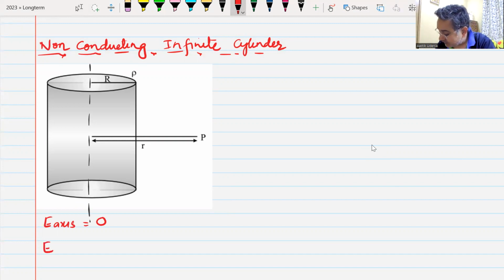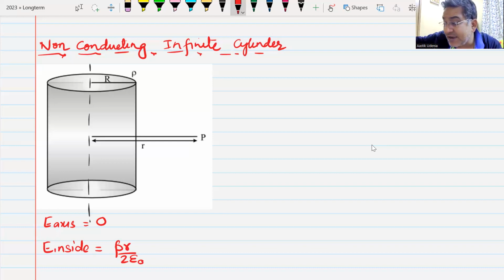Electric field at any point inside will not be 0. It will be rho r by 2 epsilon naught. If you compare this with the formula for electric field inside a non-conducting sphere, it was rho r by 3 epsilon naught. Here it is rho r by 2 epsilon naught.